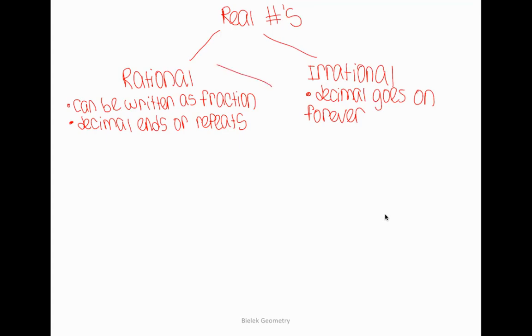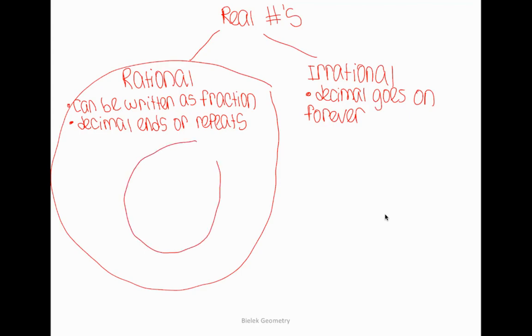So then within rational, we're going to have this as a big circle. There's also going to be integers and whole numbers. So I'm going to make a smaller circle. Integers are positive and negative whole numbers. So that's like -3, -2, -1, 0, 1, 2, 3. It goes on in both directions.